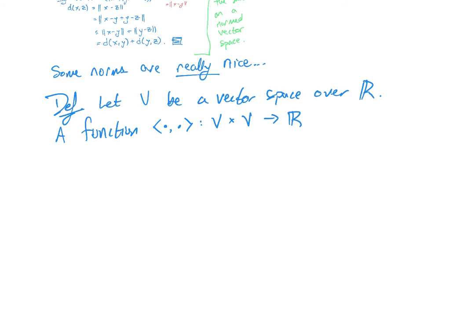So, angle brackets, dot comma dot, it maps from pairs of vectors into the reals. Now I'm going to list 4 properties of inner products.